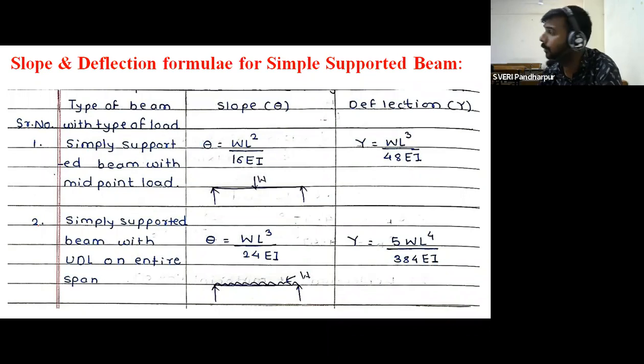These 8 formulas are required for your MCQ also. बऱ्याच वेळा स्लोप अँड डिफ्लेक्शनचे MCQ तुम्हाला विचारले जातात फॉर्म्युले. कंडिशन दिली जाते स्टेटमेंट मध्ये. Simply supported beam subjected to the UDL on entire span. What is the deflection formula? मग त्या ठिकाणी तुमचा तो फॉर्म्युला लक्षात असला पाहिजे. 5WL raised to 4/384 EI. 4 ऑप्शन वेगवेगळ्या फॉर्म मध्ये दिले जातात.